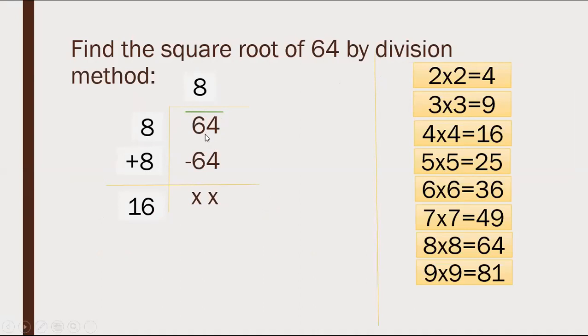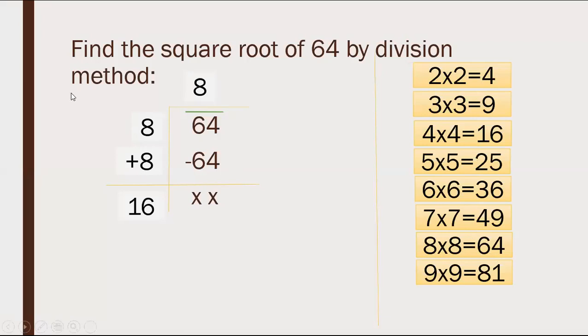So there is only one pair, so we have to find out the number which when multiplied by itself gives 64 or less than 64. So here when we multiply 2 with 2 we get 4, and in this way we get 8 into 8 is equal to 64.